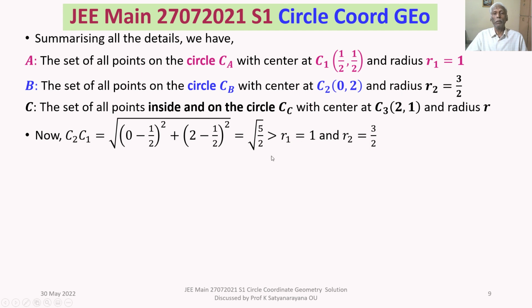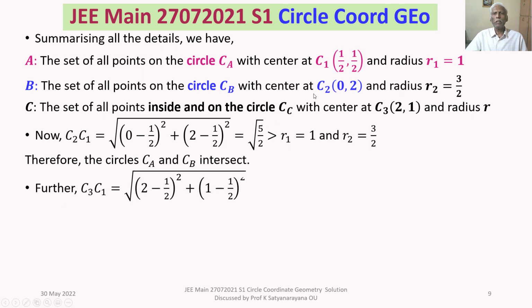Yes, root 5 by 2 is greater than 1, and it is also greater than R2, which is 3 by 2. So the distance between the centers C2 and C1 is greater than R1 and greater than R2, which means the circles CA and CB intersect.